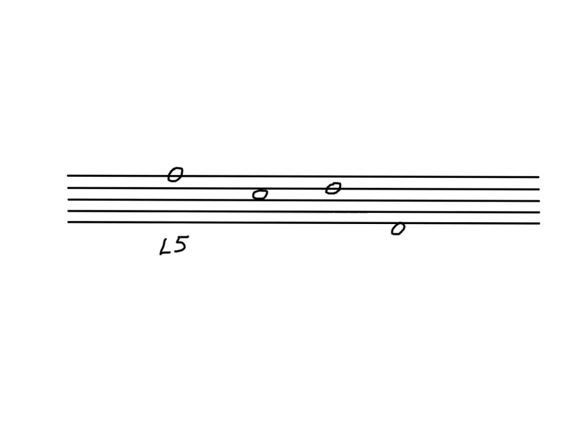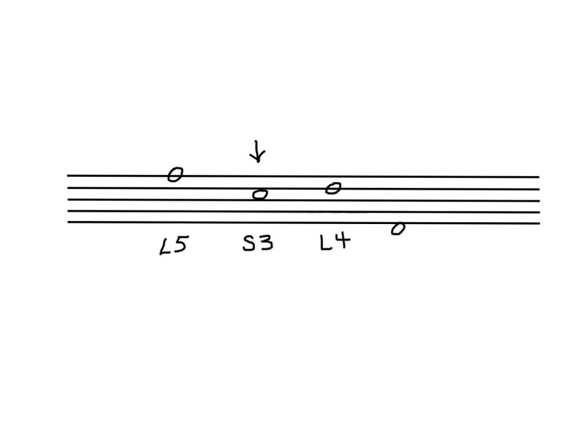How about the next note? Let's count from the bottom. 1, 2, 3. That's space 3. Now, is this note higher or lower than the note before? It is lower. Next note is on line 1, 2, 3, 4.